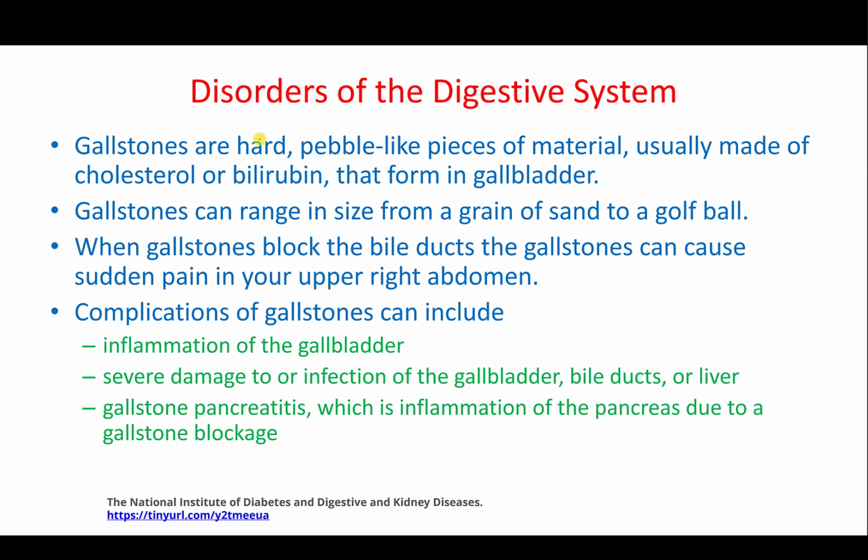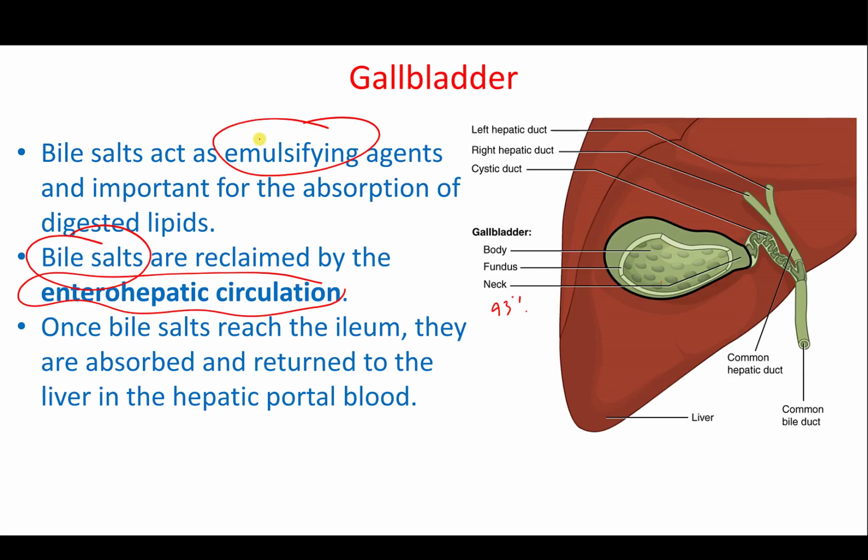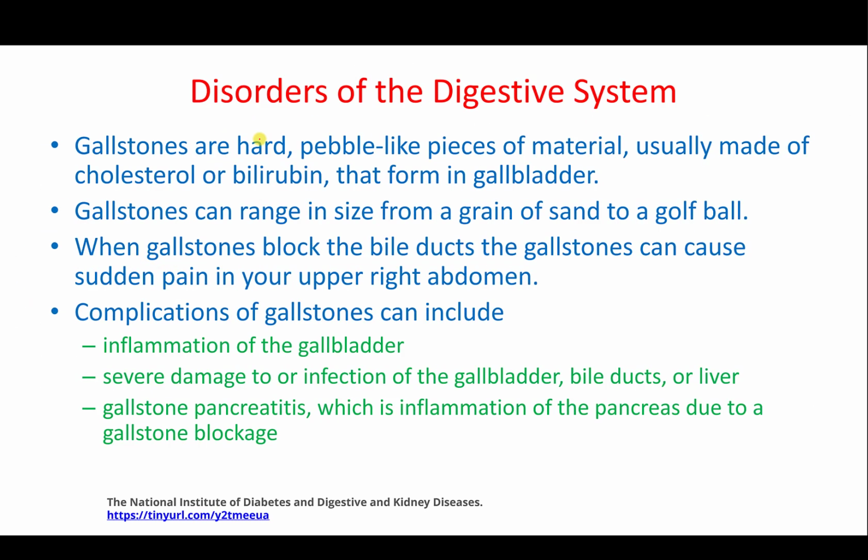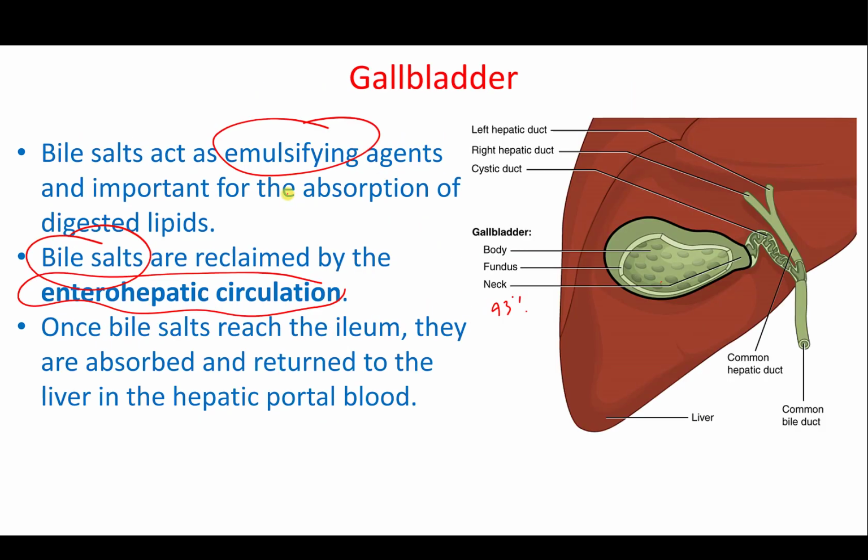Sometimes, for the gallbladder and the liver in general, we will have gallstones, and those are solidified materials from the bile salt. Usually it's cholesterol and bilirubin that will get solidified and accumulate, and sometimes will block the cystic duct. If it blocks it, this sometimes will cause inflammation, pain, and so on.